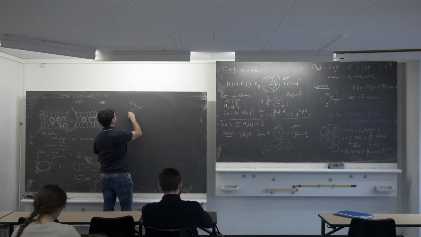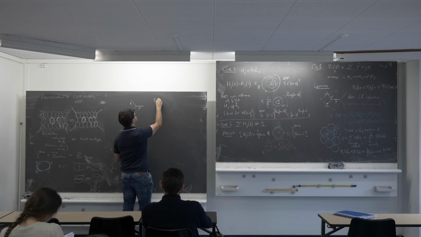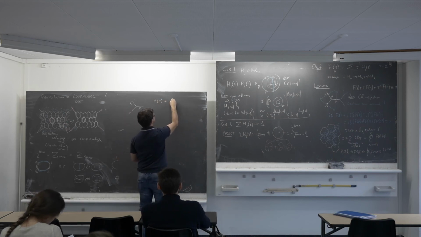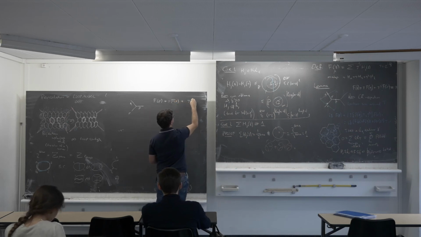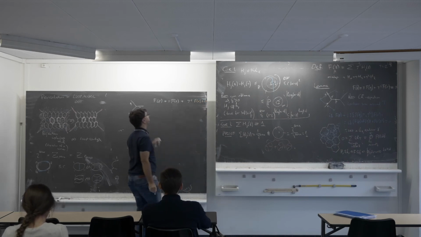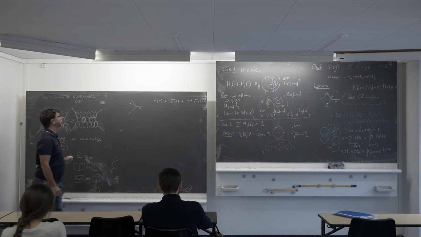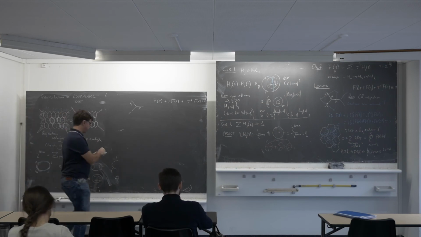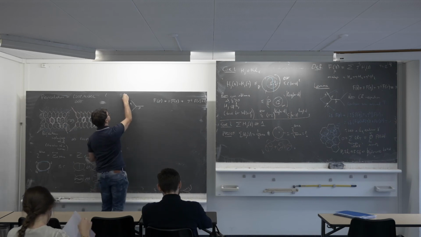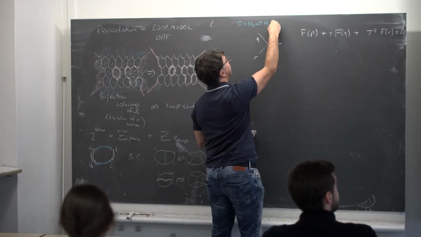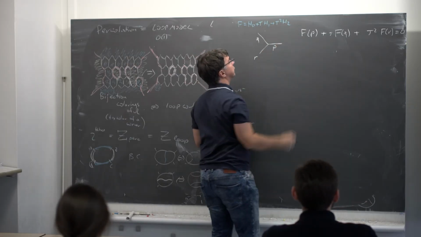P, Q, R, and I want that f of P plus tau f of Q plus tau squared f of R is equal to 0. And I want to recall that f is h0 plus tau h1 plus tau squared h2.